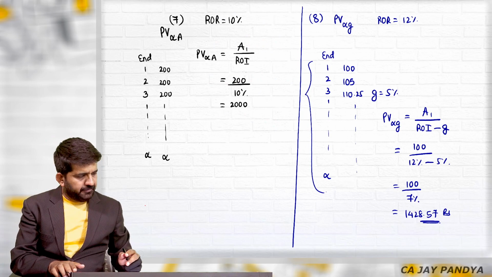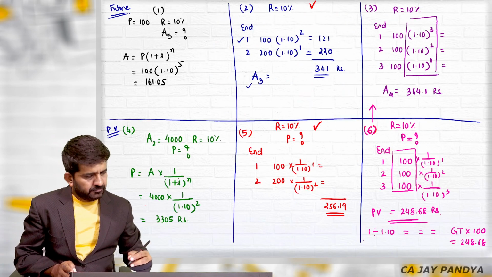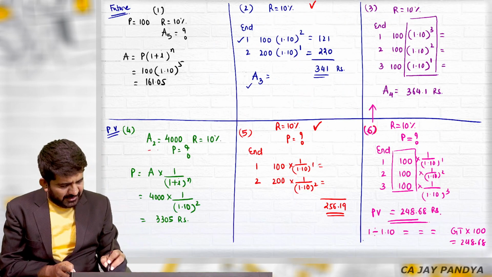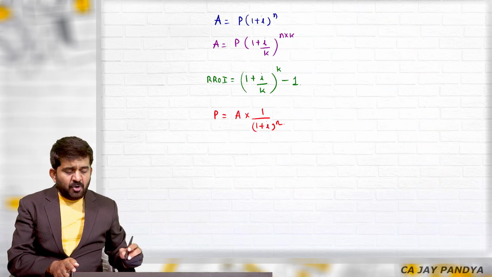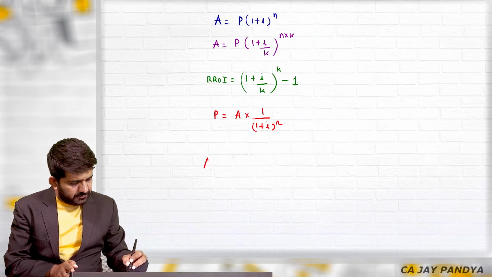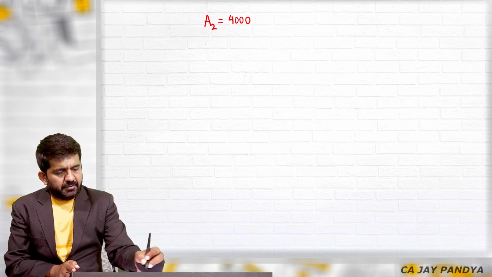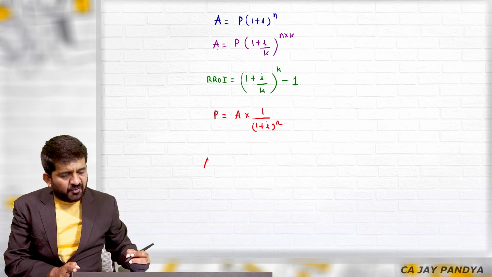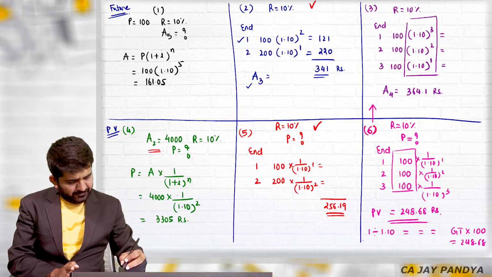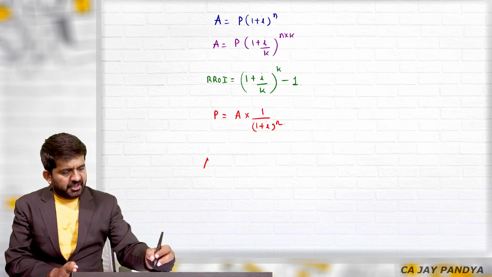Why are we learning time value of money, or why is time value of money important? Let me take one question. Say amount after 2 years is 4,000. The present value for the same is 3,305.